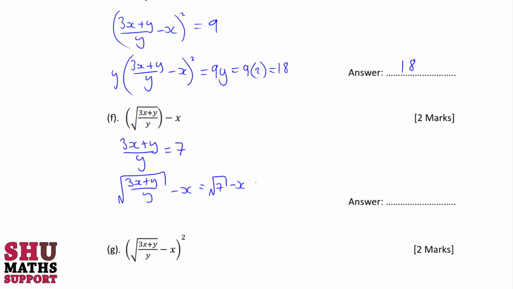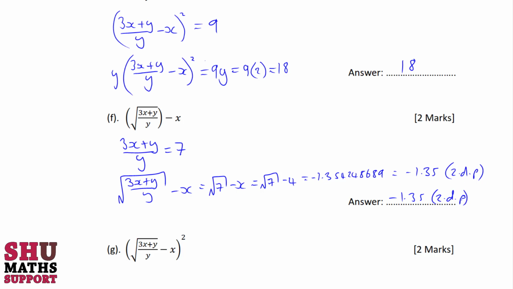And then the value for x is 4. So we have the square root of 7 minus 4. And then if we pop that in the calculator, we should find that the square root of 7 minus 4 is equal to this long set of numbers here. And then if we give our answer to 2 decimal places, we'll get minus 1.35. So we'll just put that in our answer line, and then we'll state that that's to 2 decimal places.